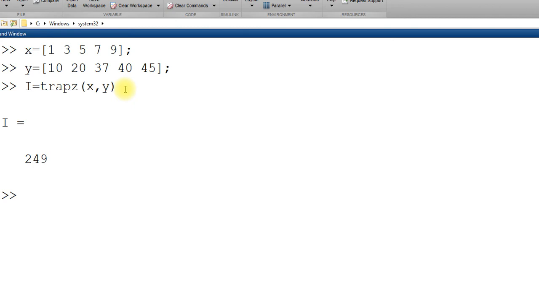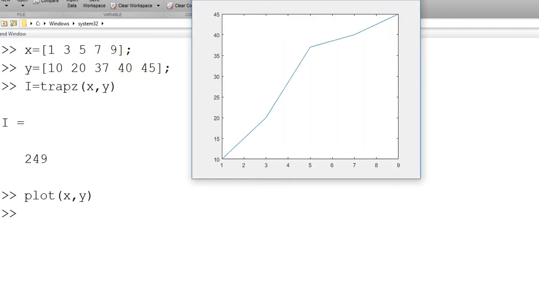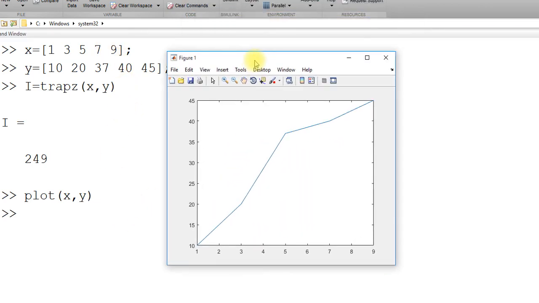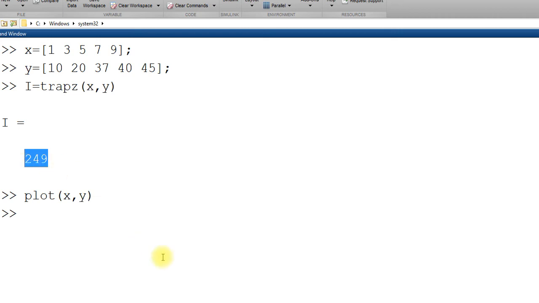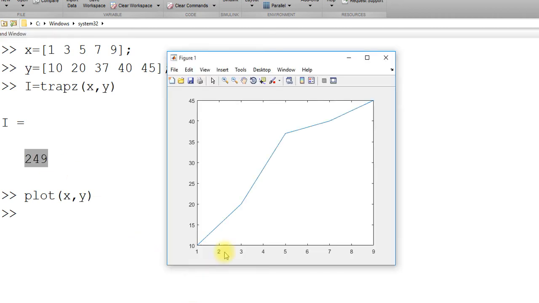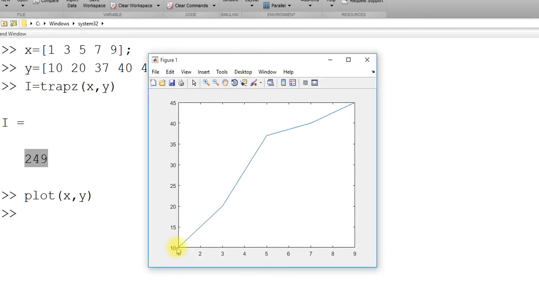Basically, if you want to see what this means, it's the area under the curve of the plot x, y. The meaning of this number, 249, is the area under the curve from this point to this.